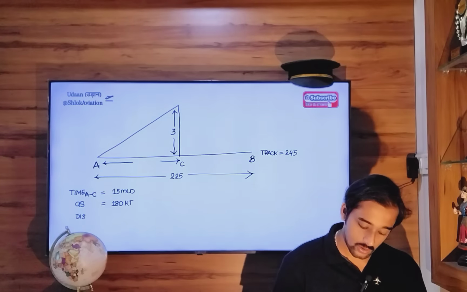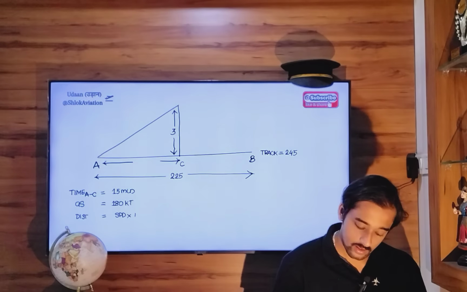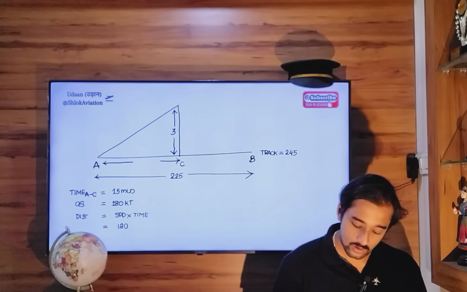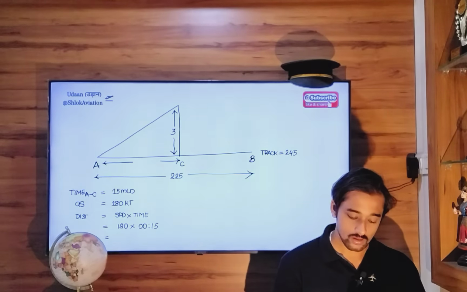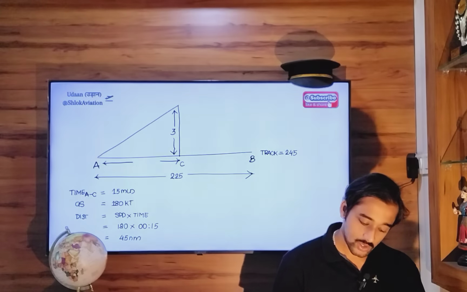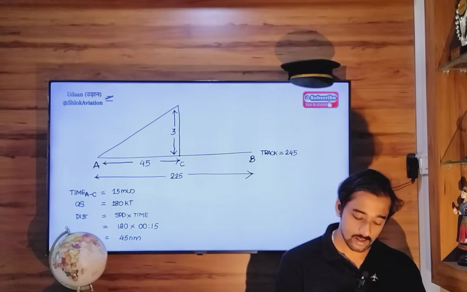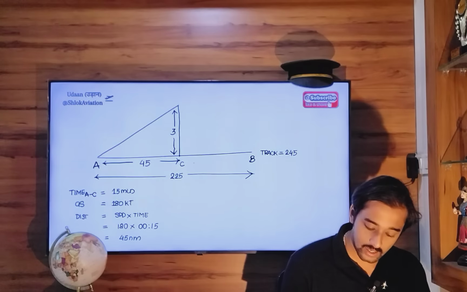Distance will be equal to speed into time, 180 into 15 minutes, which will be equal to 45 nautical miles. So AC distance is 45. Therefore, BC will be 225 minus 45, 180.